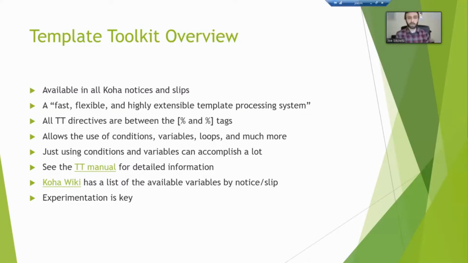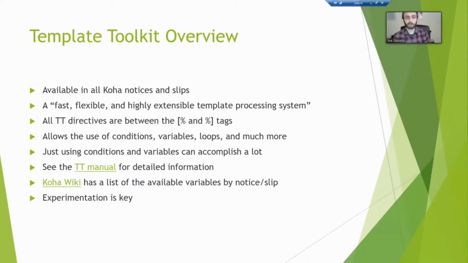However, in my example, and you may be able to do this if you're interested in doing it yourself, you really don't need most of that. In the example I'm going to show, I only use conditions, and I actually only use one variable. So just using conditions and variables, you can produce different slips or different notices based on the data.